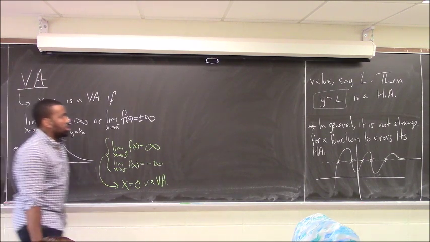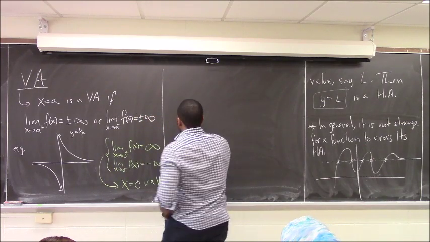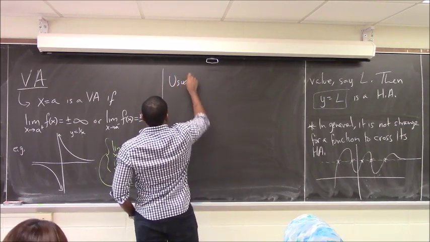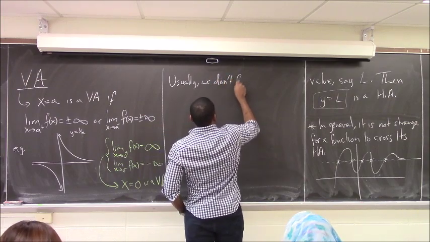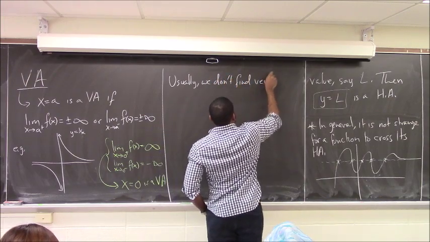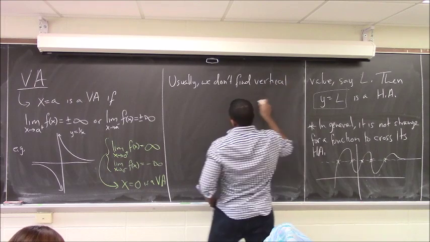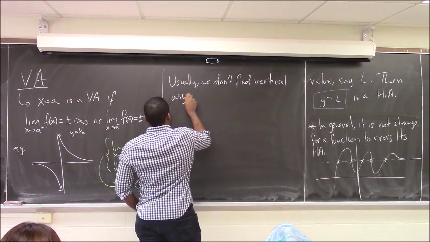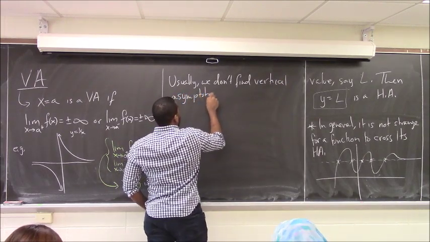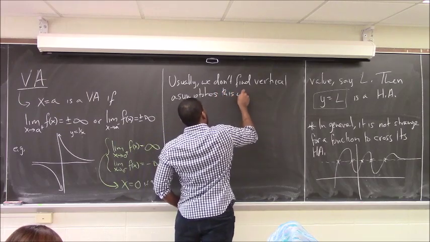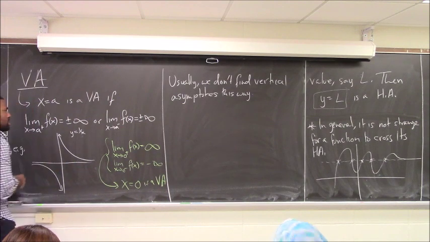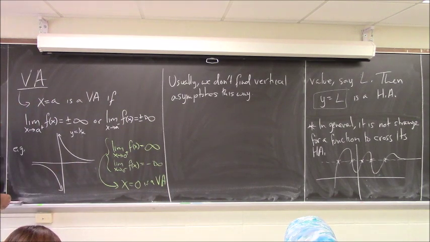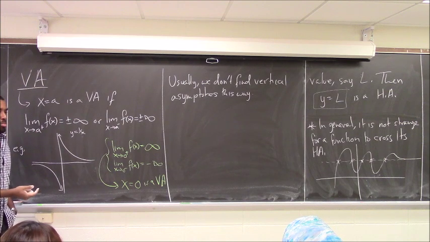Now, it's worth mentioning usually you won't have to think in terms of limits specifically for a vertical asymptote. And by we here, I mean Calc 1 people.